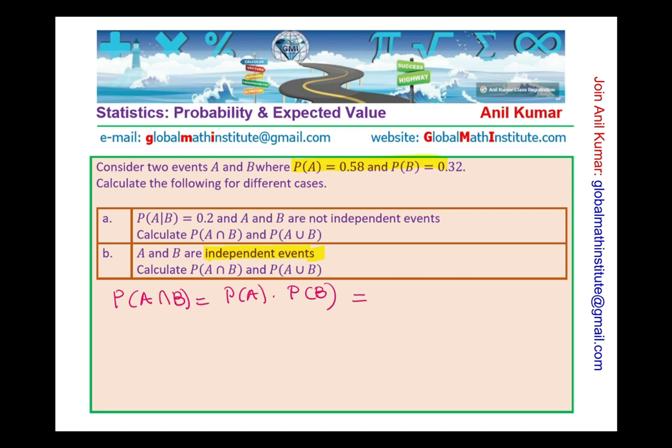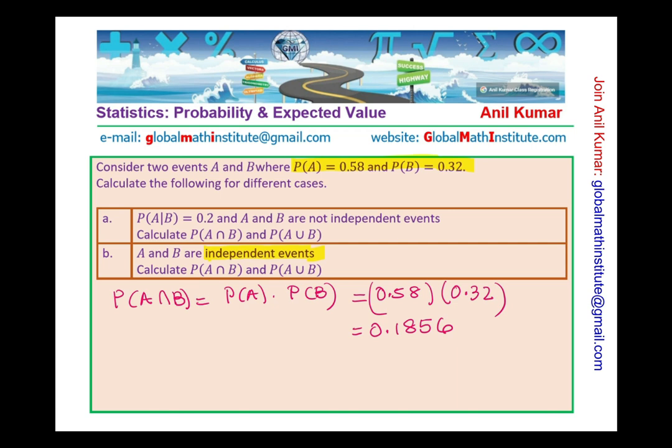So the probability of A is 0.58, and we're going to multiply this by 0.32. You can use the calculator, 0.58 times 0.32, and it gives you in decimals 0.1856. So that becomes the probability of A intersection B, right?